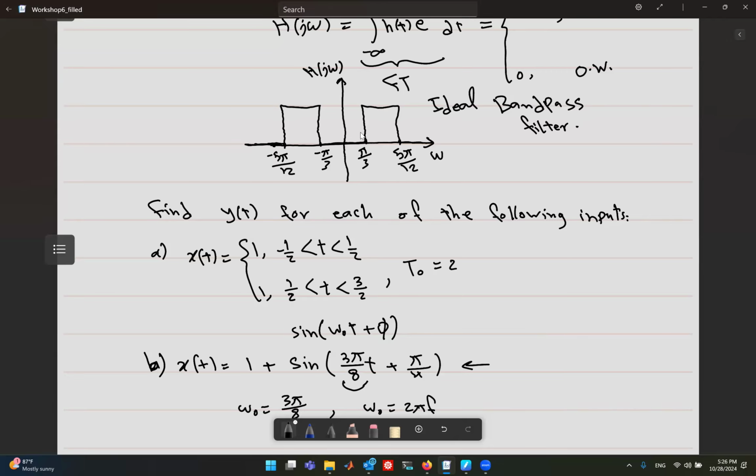Remember what we discussed when I was explaining the ideal bandpass filter. Without doing any math, maybe after doing some examples, you should be able to do it. Just guess. If this is the input, 1 plus sine something, and this is the system, what will be the output?